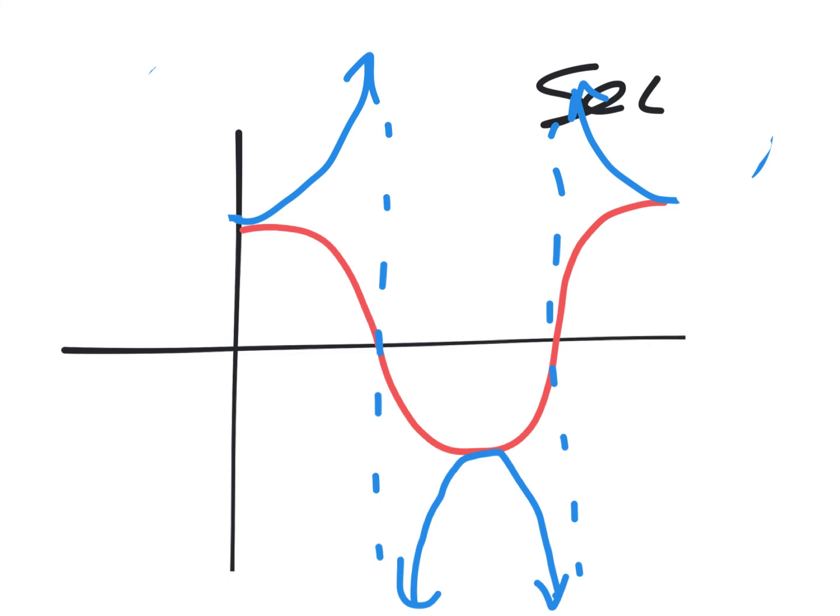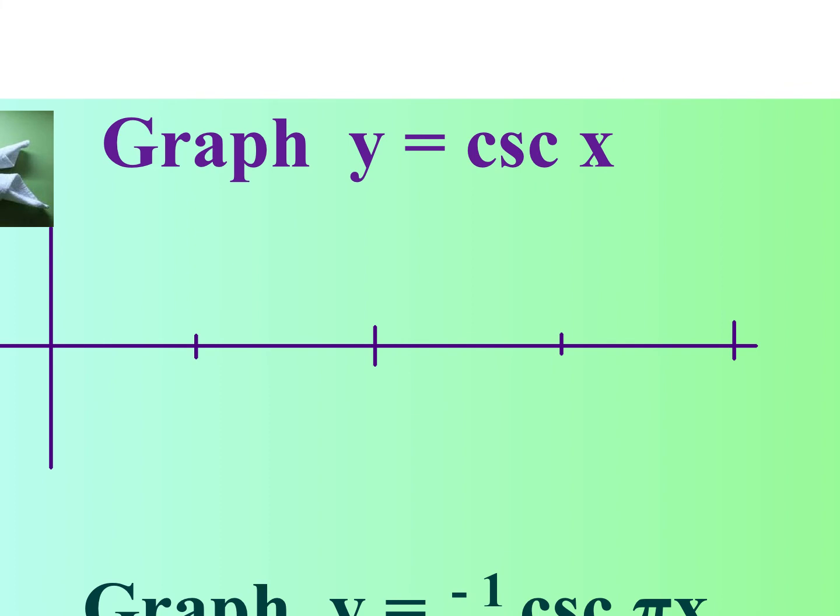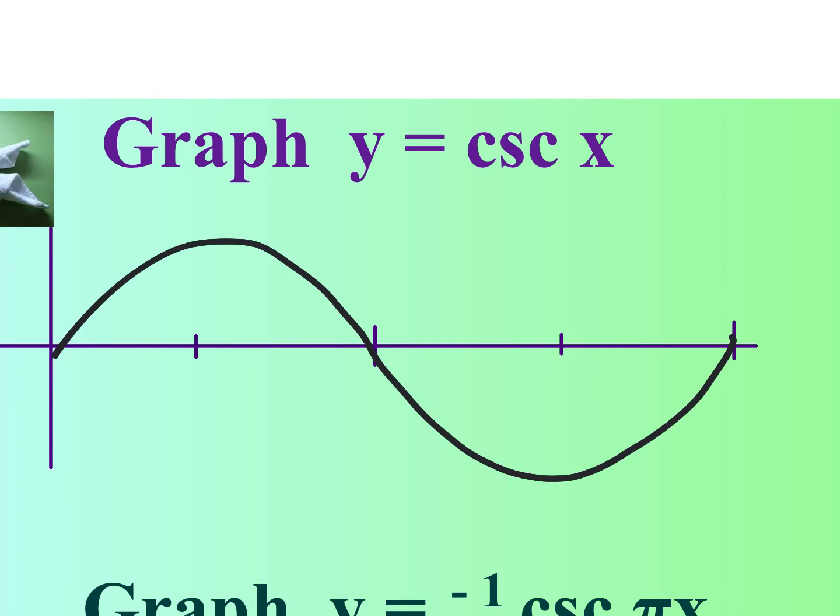Okay, how about cosecant? Well, it's going to be the exact same process. We have another slide for this, so let's go to the next page. Cosecant. Well, you're going to graph sine, and cosecant is going to ride on the back of its sister function.